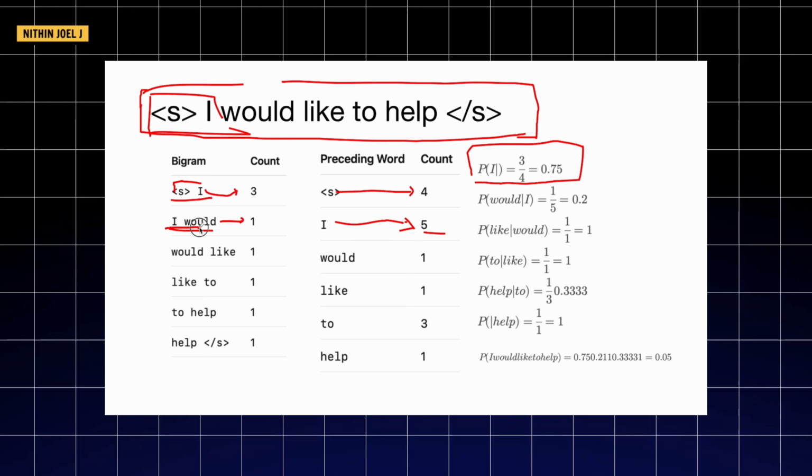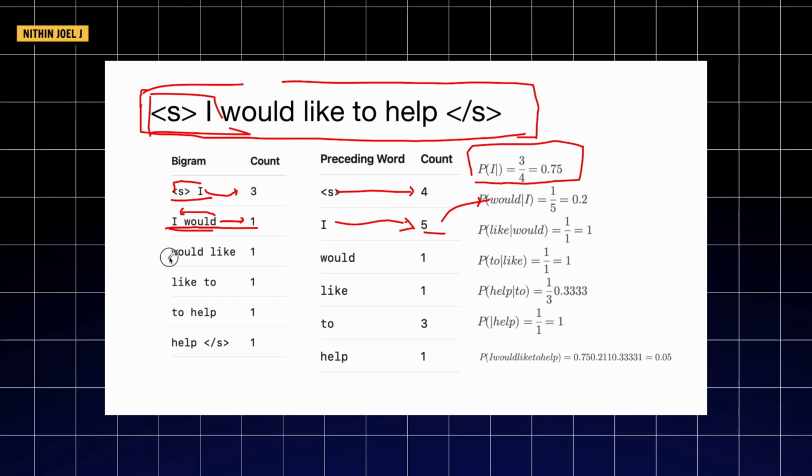In the same way in the second row, would and I together occurred 1 time, but I alone occurred 5 times over here. So 1 by 5 is 0.2 we have over here.